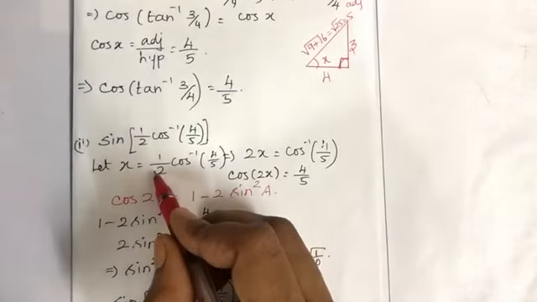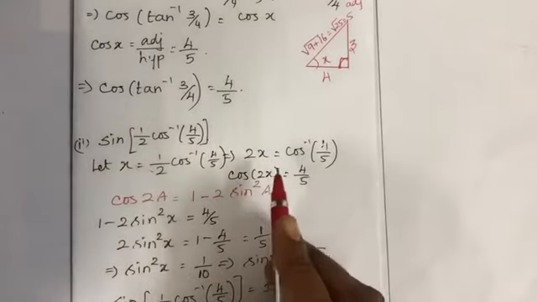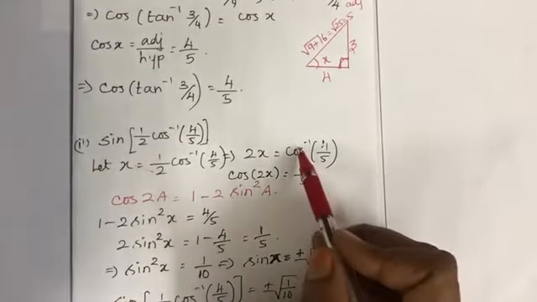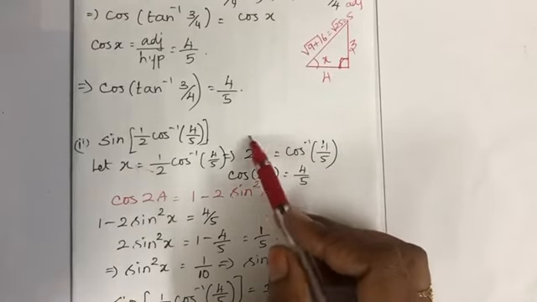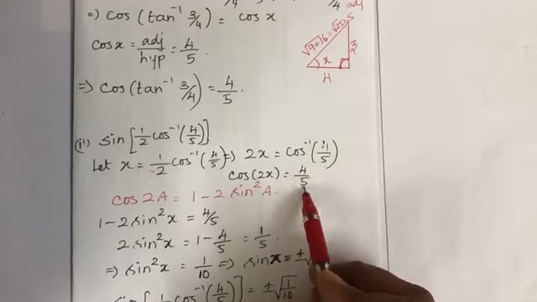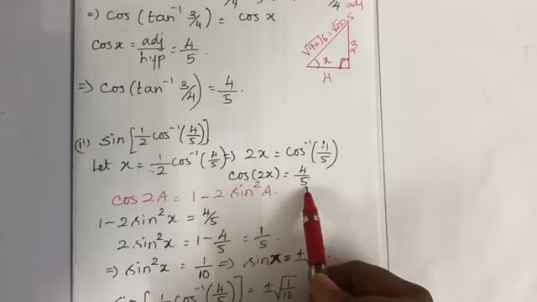First I cross multiply 2, that is 2x is equal to cos inverse of 4 by 5. While coming to the opposite side, cos 2x is equal to 4 by 5.